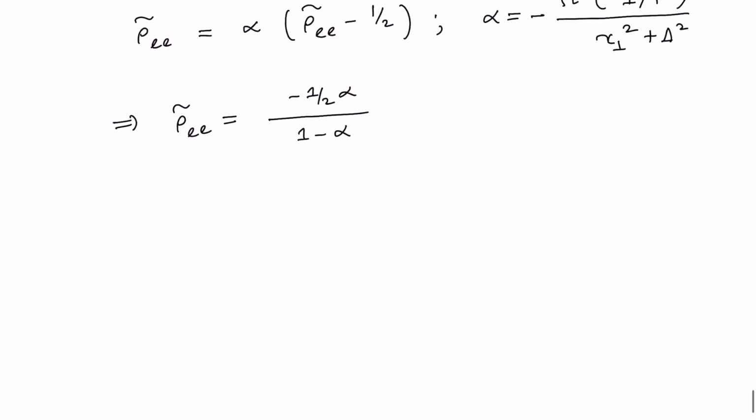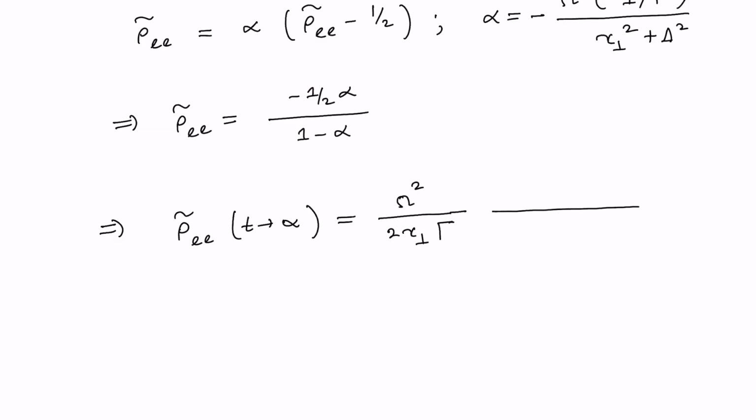Now if I put the values of alpha, this implies rho tilde EE as t tends to infinity, in the steady state, I will have capital omega square divided by twice gamma perpendicular capital gamma, this is your gamma. And if you just do the mathematics, very straightforward, you will get 1 plus delta square divided by gamma perpendicular square plus capital omega square divided by gamma perpendicular capital gamma.